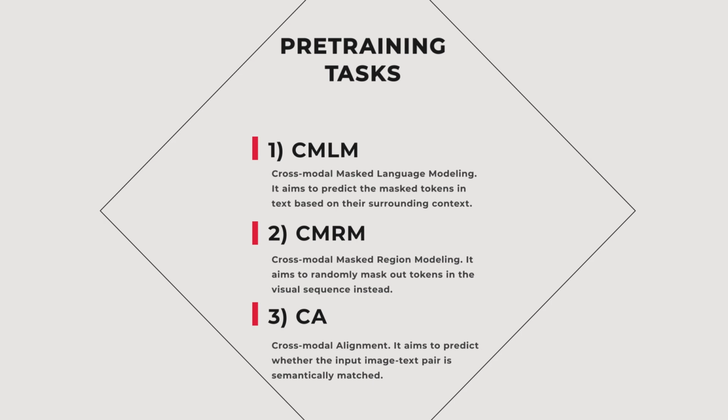Second, the cross-modal masked region modeling, CMRM, is the vision-supervised counterpart of CMLM, which was initially proposed by ROI-based VLPMs. Third, the cross-modal alignment, CA, is commonly applied by VLPMs with attention-based VLIM as a binary classification, to predict whether the input image-text pair is semantically matched or not, based on the global vision and language representation.